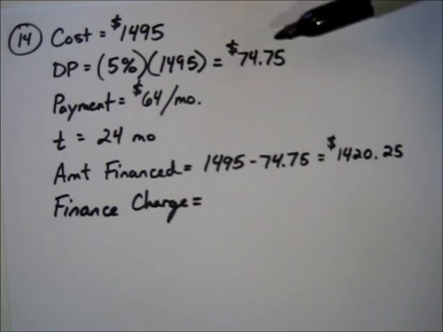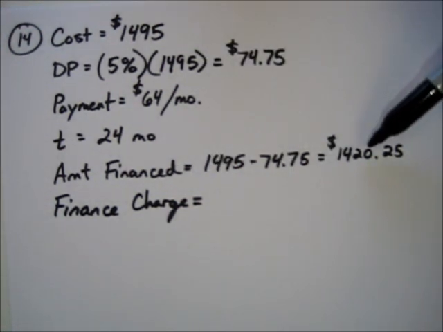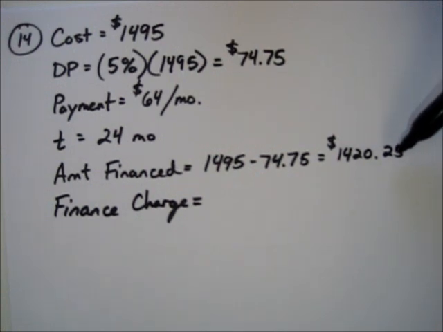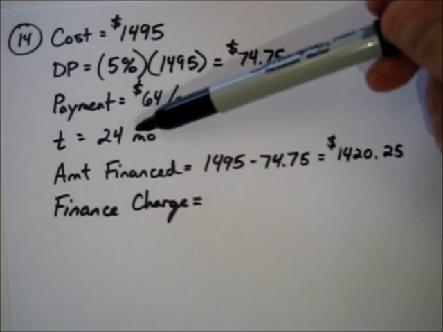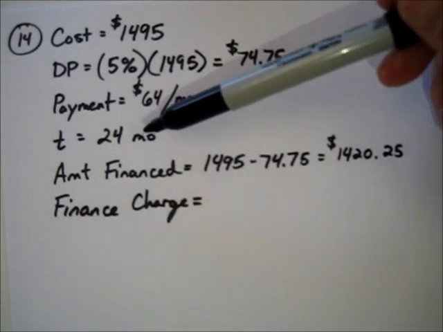So if she'd had additional cash, she could have paid $1,420.25. And that would have been all she paid. But she didn't, so she had to borrow this amount. And instead, she's paying $64 a month for 24 months.